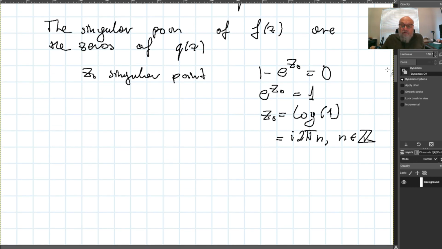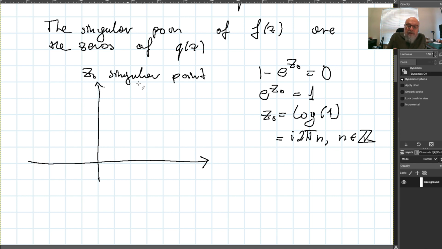Maybe if you don't see why they're isolated, let me make a small drawing. This is my complex plane C. This is my value here, 2 pi i. Then I have 4 pi i, this will be 6 pi i. And those are the singular points, all of them, infinitely many.